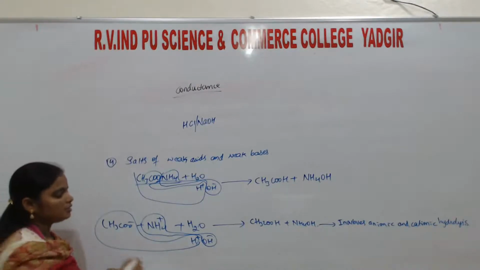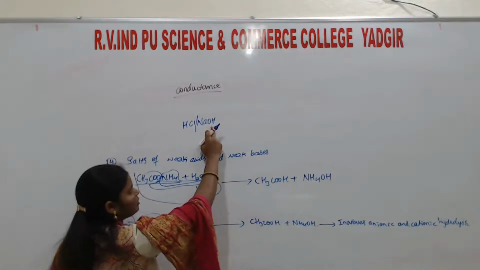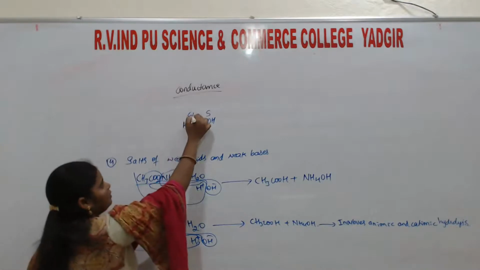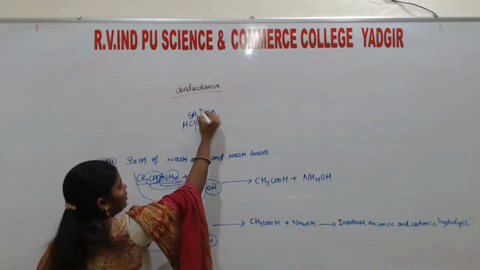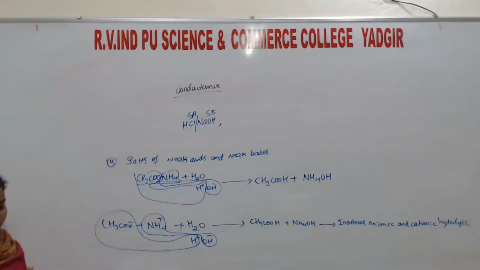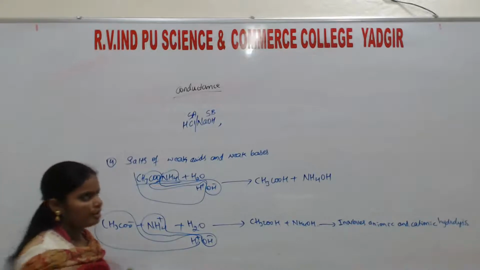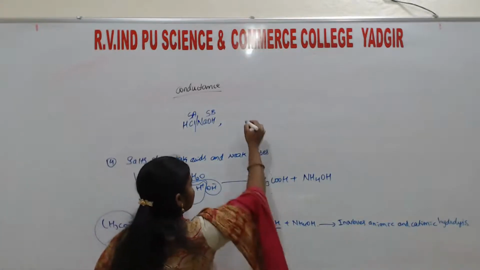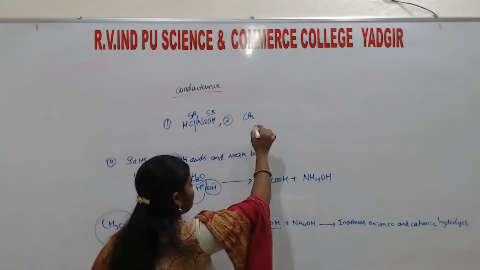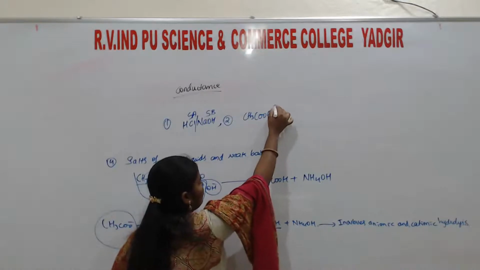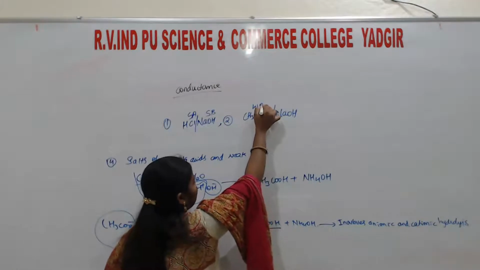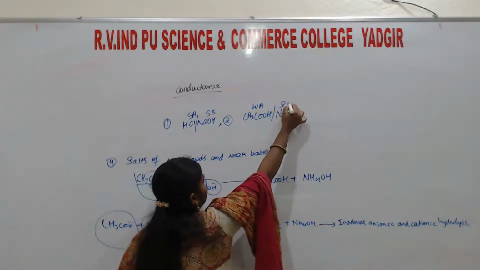Weak acid means CH3COOH versus NaOH. This is a weak acid, this is a strong base.